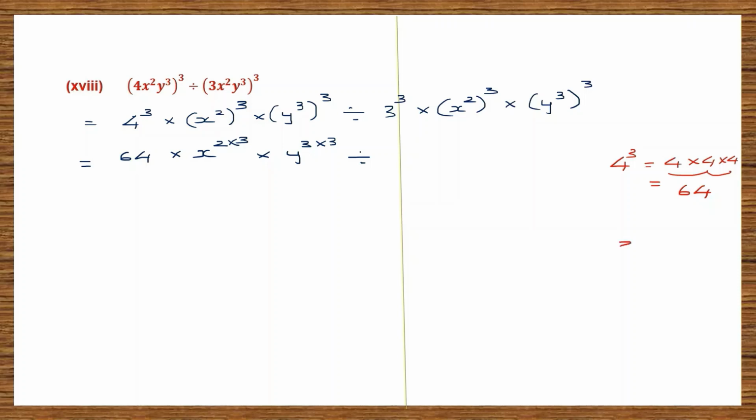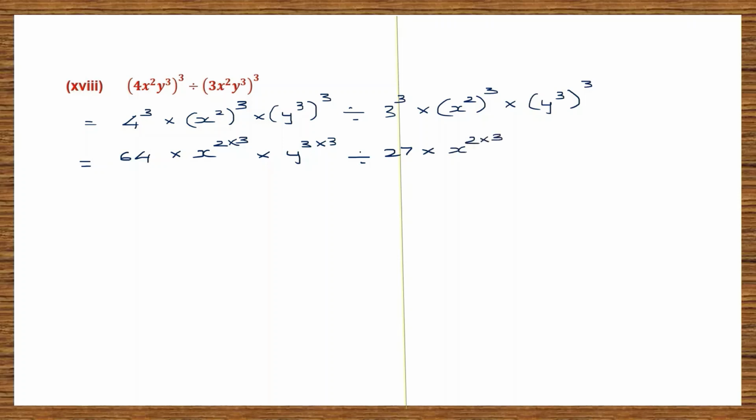So 3 raised to the power of 3 is 3 into 3 into 3. 3 3s are 9, 9 3s are 27. So let's write 27 here into x to the power of 2 into 3.